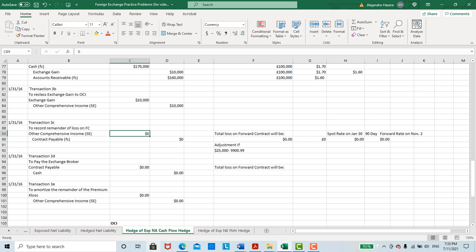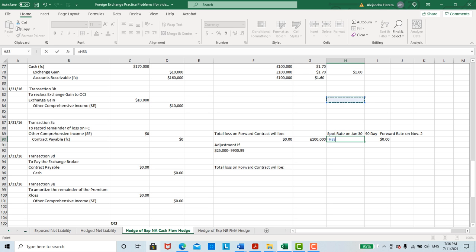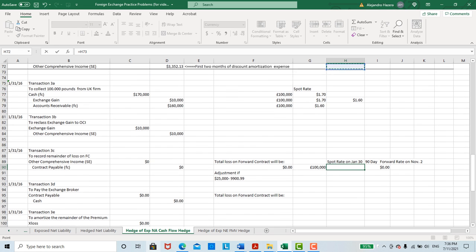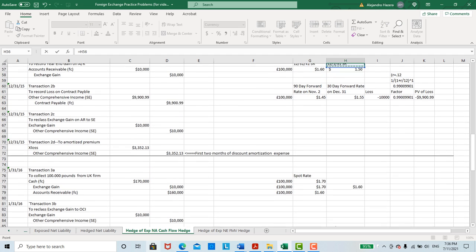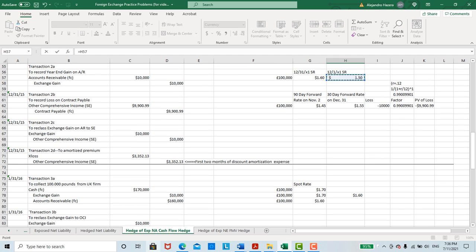well, the transaction is now closed. Okay, so we're going to base it on the difference on 100,000 units of foreign currency. So this is 100,000 units of foreign currency. Okay, and the spot rate on January 30th, which was the date that we adjusted the forward contract up here.